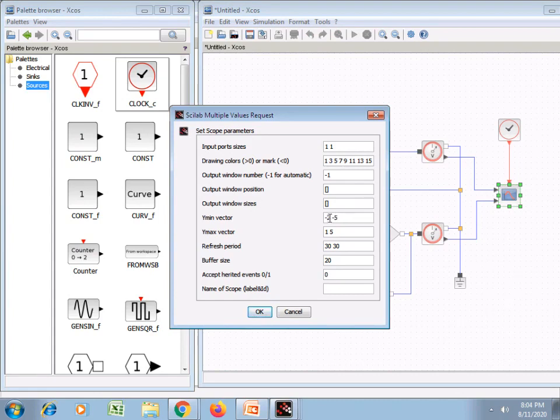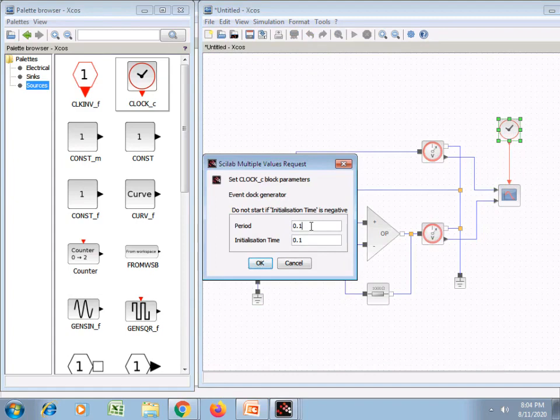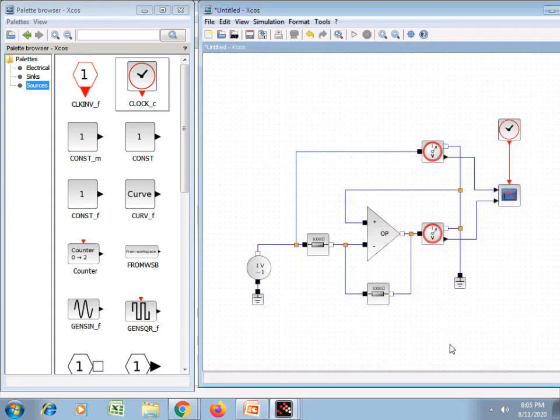So I will set Y minimum for both to -2 and Y maximum for both the scopes to 2. So time base for the scope I will adjust to 0.01. Now this diagram is ready to simulate. So I will go to start.